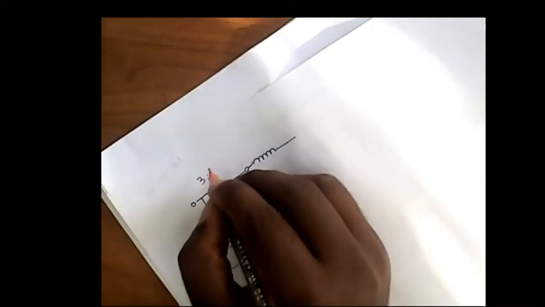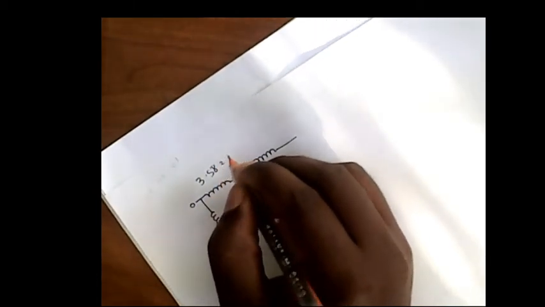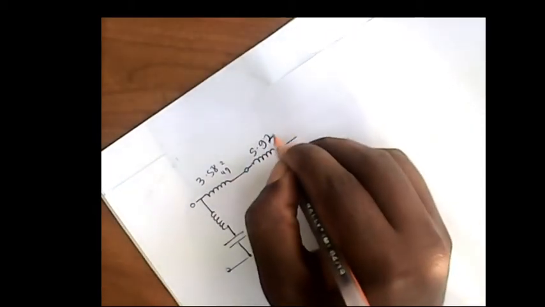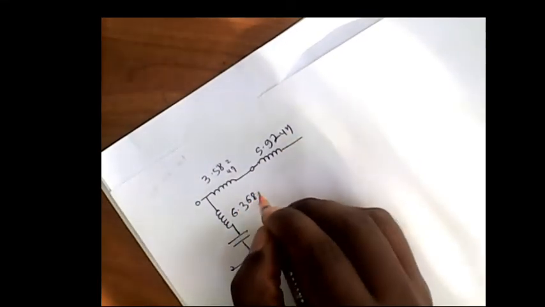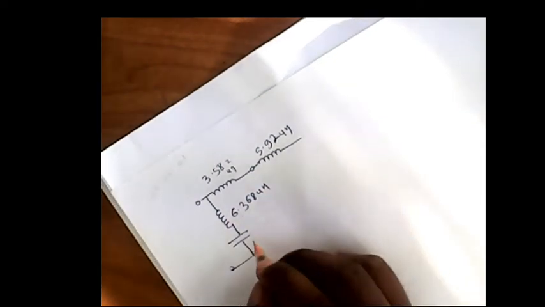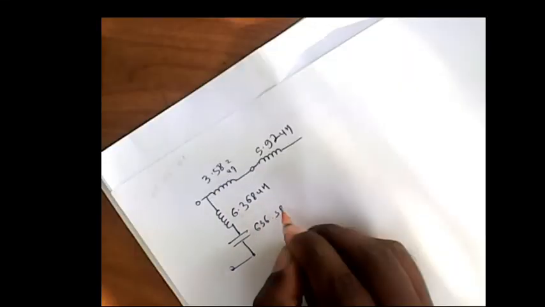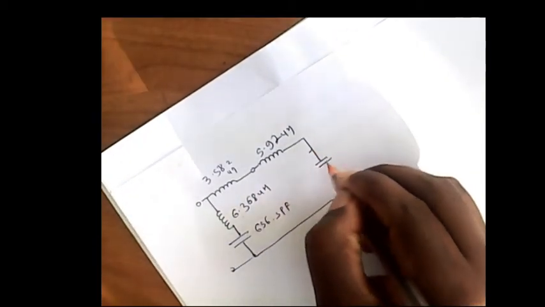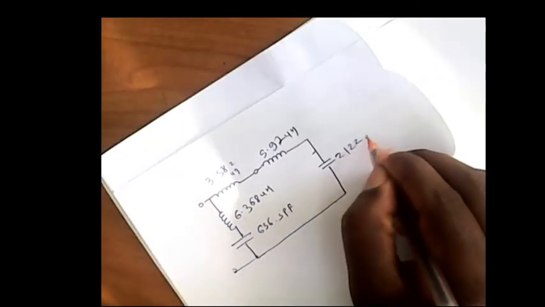We draw a low pass composite filter by using the matching section. So the first value is 3.582 microhenry, then 5.97 microhenry, 6.368 microhenry, and the capacitor value 636.5 picofarad. Similarly, we can attach the capacitor here, which is 220 picofarad.